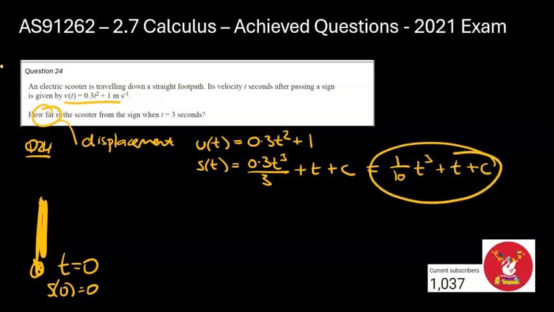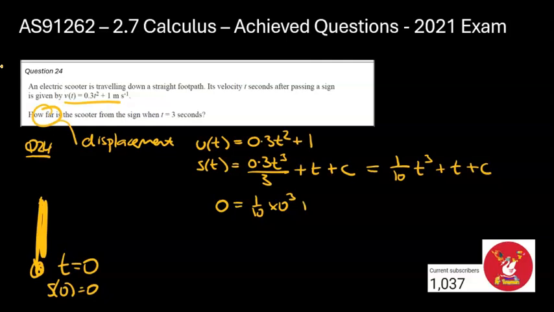So we know all of this is going to be equal to 0 because no distance has passed. So 0 is going to be equal to 1/10 times 0 cubed plus 0 plus c, which means c is going to be equal to 0. So my actual displacement function, so the displacement in terms of time is going to be equal to 1/10 of t cubed plus t.